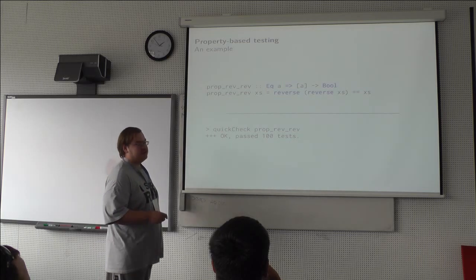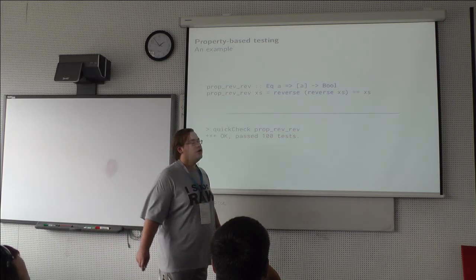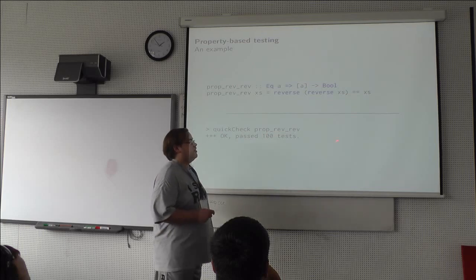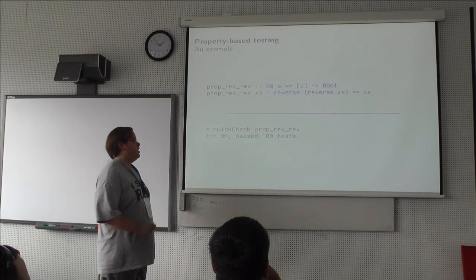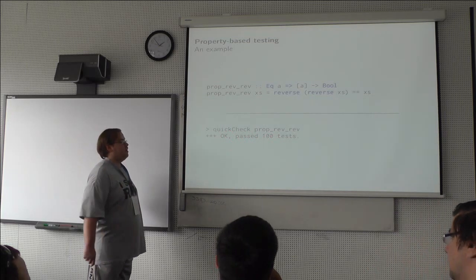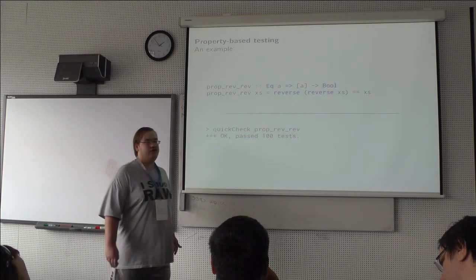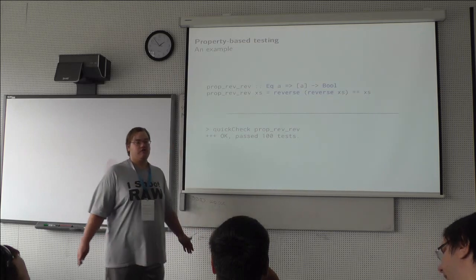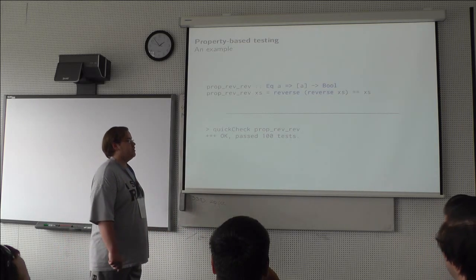So if I have some list of a, it can be any type a, doesn't matter what, and I reverse the list twice, then I get the original list back. And if I run the test suite over that function, I can see that it did 100 randomized inputs, or 100 randomized lists, and it was true every time.